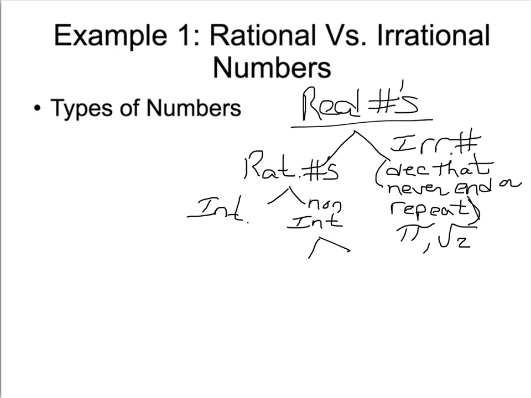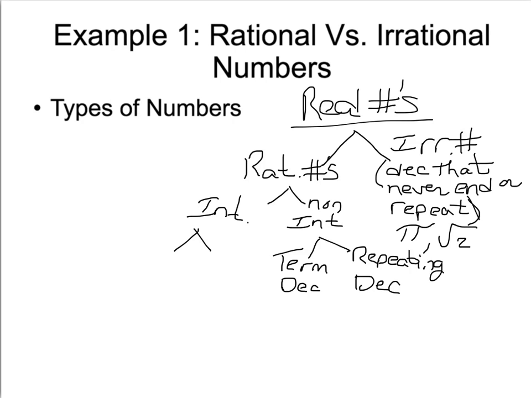Non-integers are going to be our decimals, and our decimals break down into terminating decimals and repeating. So non-integers break down into our terminating decimals and our repeating decimals.